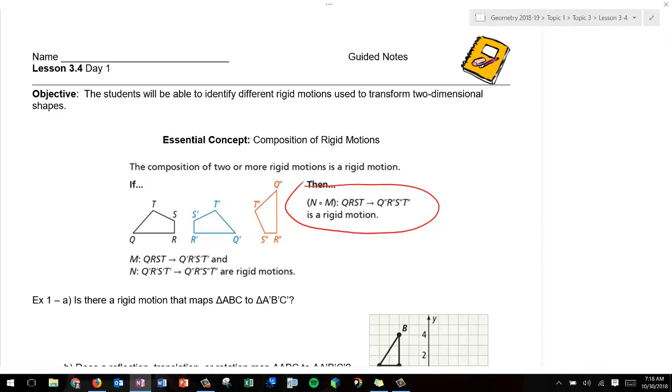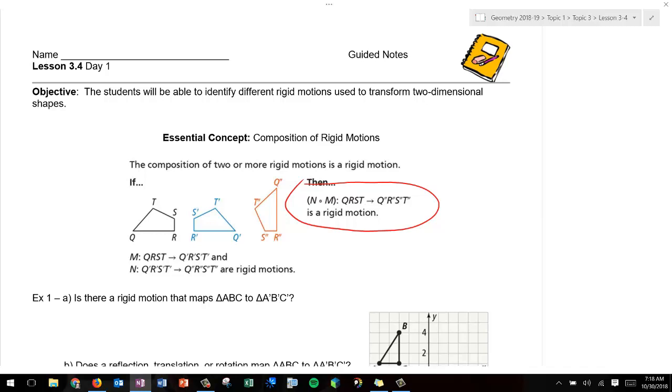In this example, N composition of M, that little circle in the middle, tells me to perform the transformation M first, then the transformation N. So the order does matter when it comes to these compositions of transformations. You do have to work from the inside out.